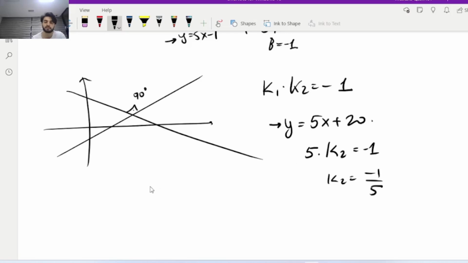Or we can say that the slope of the second line is reciprocal and opposite of the first one. Opposite means that 1 and -1, positive and negative. Reciprocal means that 5 and 1 over 5.